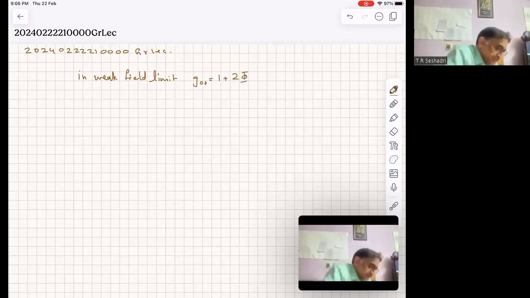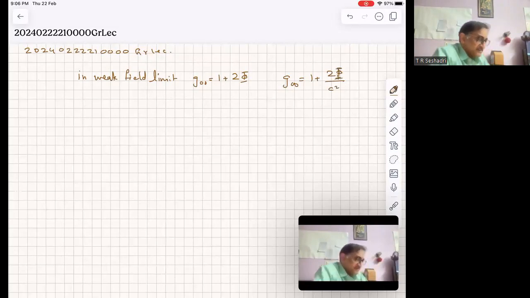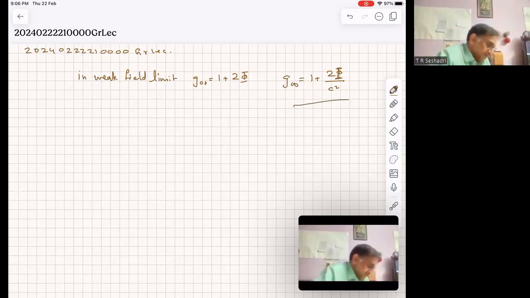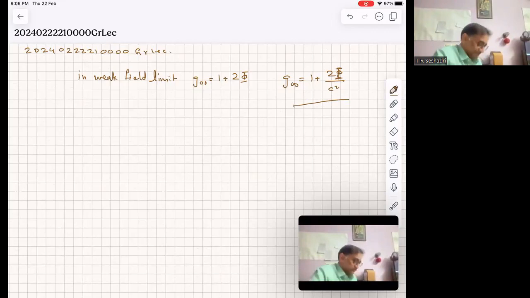And if you put in the value of c, it will turn out to be g00 equal to 1 plus 2 phi by c square. The gravitational potential has the dimensions of c square because gravitational potential energy will have dimensions of energy, so it's mc square, and gravitational potential energy is mass into gravitational potential. So mass cancels out. So in the weak field limit, this is so.